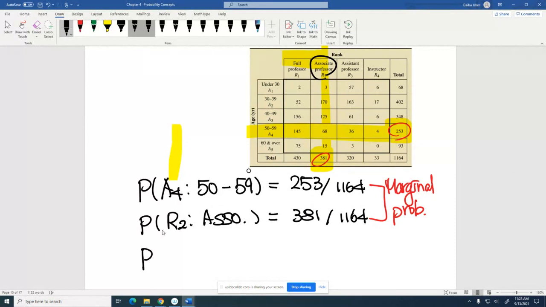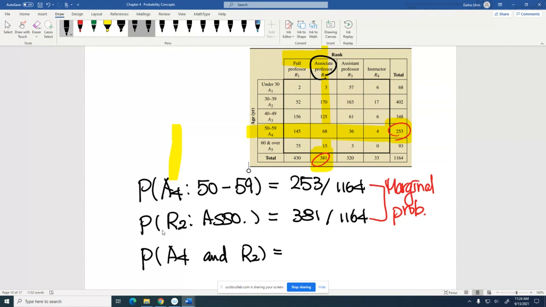Then now, how about this? I am 50 years old, the age group number 4, and associate. 50s and associate, how many? In the middle, we have 68 faculties.